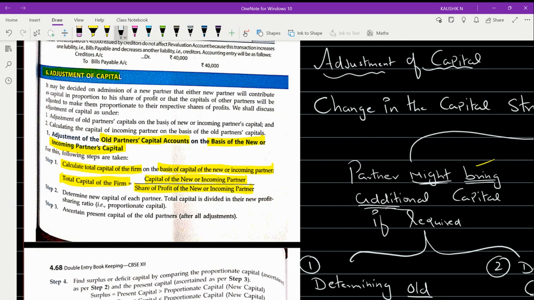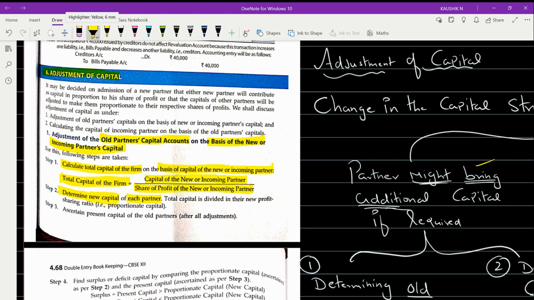Okay. Once you have found out the total capital of the firm, the second step is to determine the capital of each partner. We have to determine the new capital of each partner.